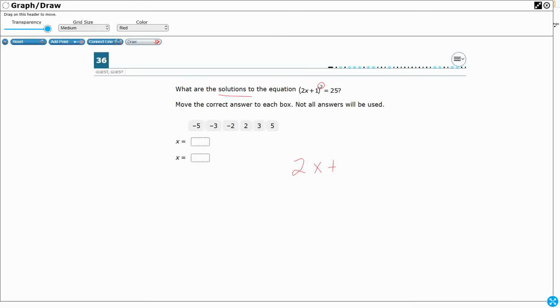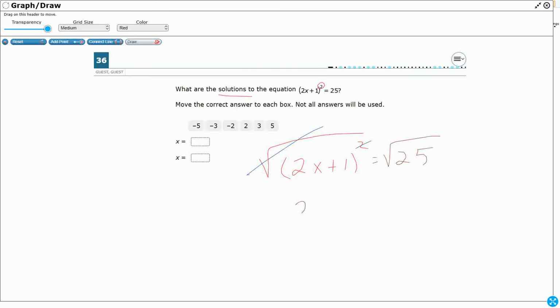If we take the (2x plus 1) squared, the inverse of that would be taking the square root, because the square root would then cancel out that squared. That works as long as we can do the same thing on the other side, and 25 happens to be a perfect square, so taking the square root of 25 is going to work.